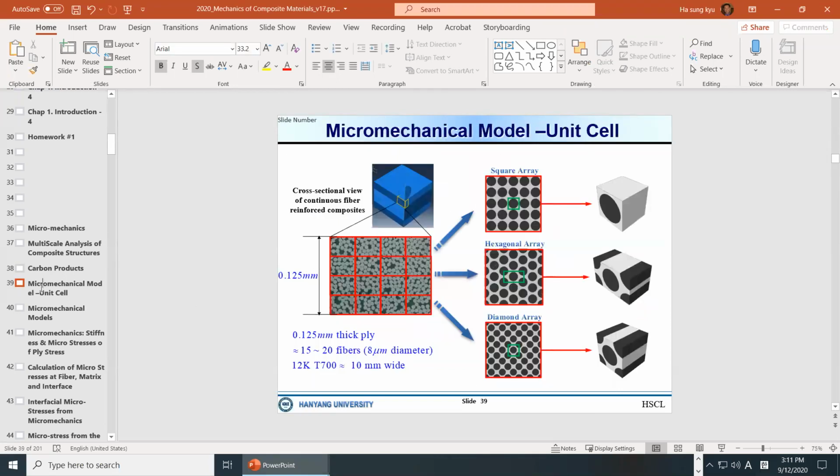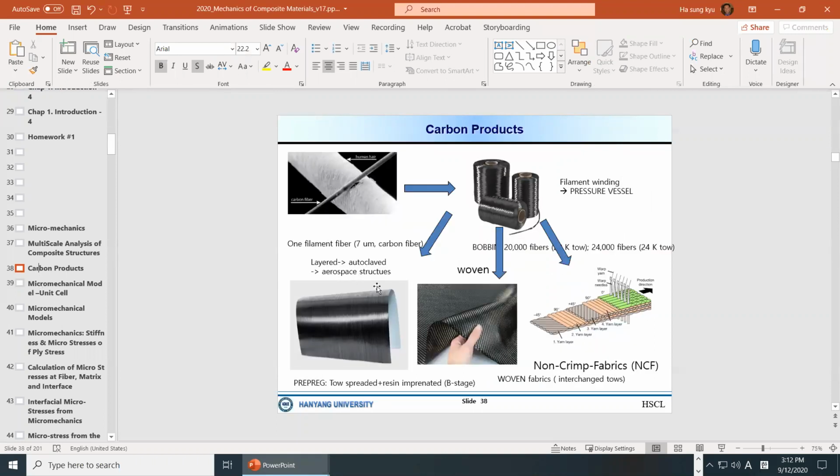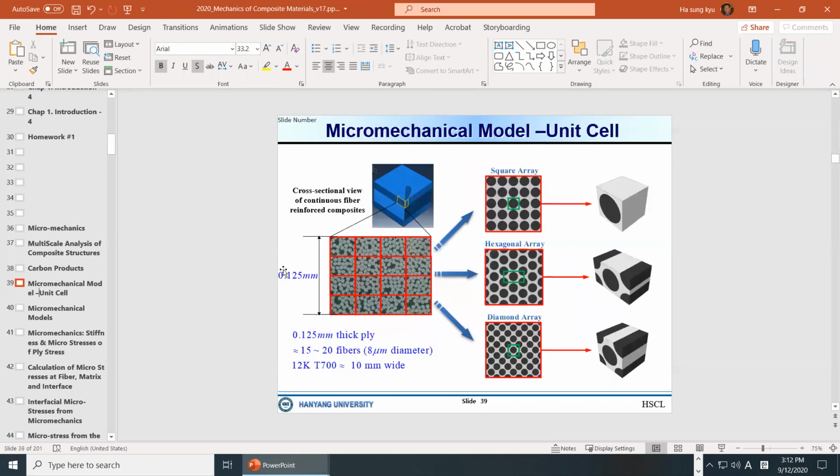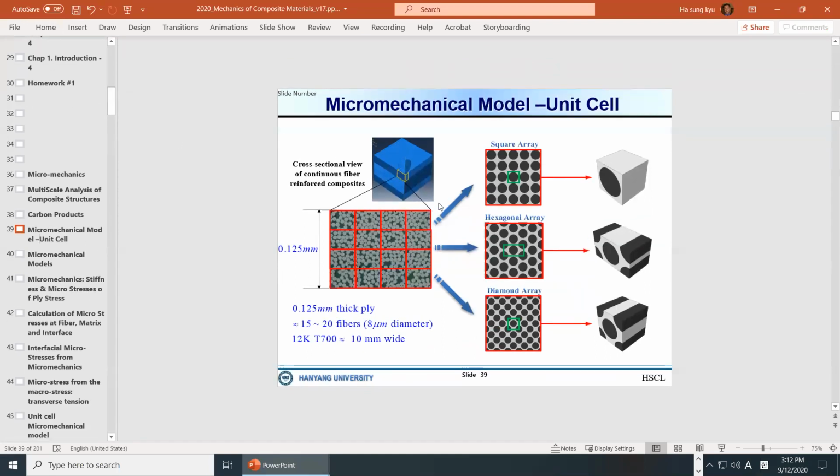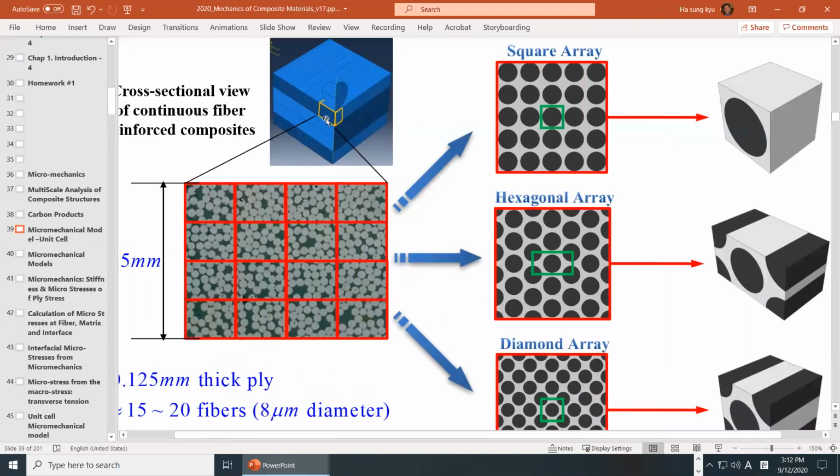And the reason I'm explaining so much about these carbon things and layers and so on is that this is the typical cross section of the composite part. Let's say we make a roof, we just watch through the video, and this is the cross section and a certain layer.